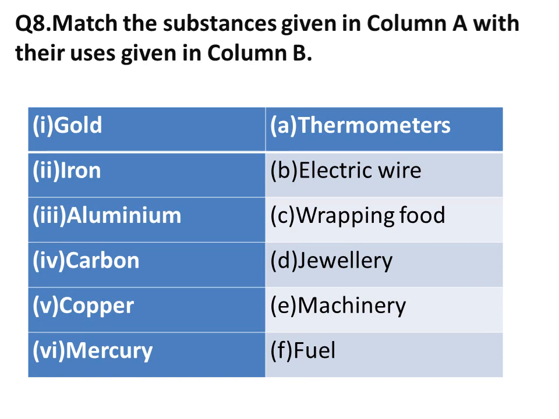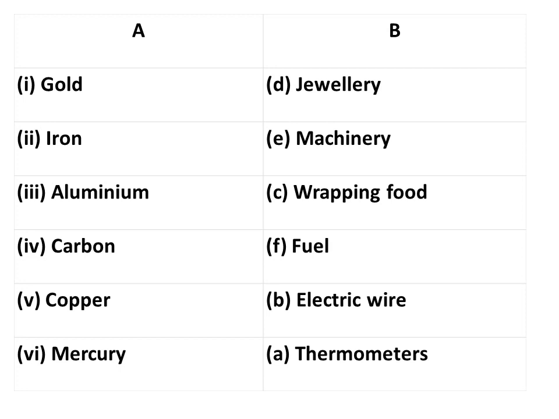Gold is used for making jewelry, iron is used in machinery, aluminium is used in wrapping food in our kitchen, we use this aluminium foil. Carbon is used as a fuel. Copper is used in electric wires, and mercury is used in thermometers, because mercury is the only metal which is liquid at room temperature.